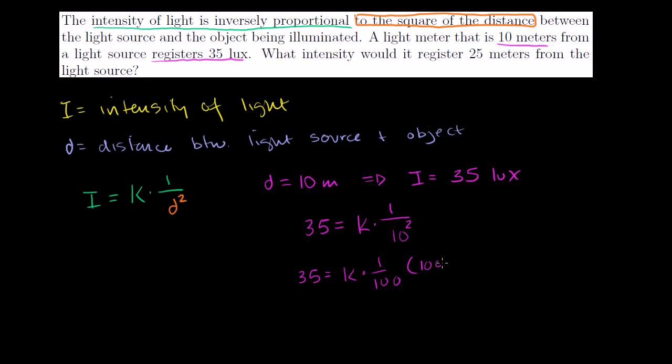Multiply both sides of this equation by 100. These cancel out. And we're left with k is equal to 3,500. So we've used this statement where they gave us some values to solve for our proportionality constant.